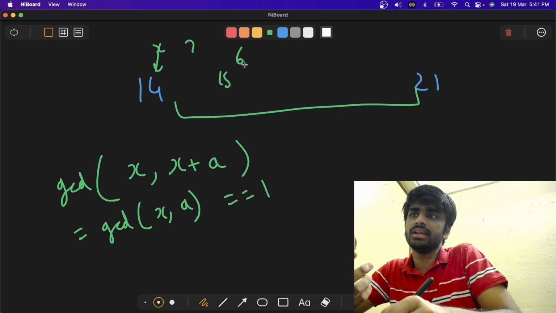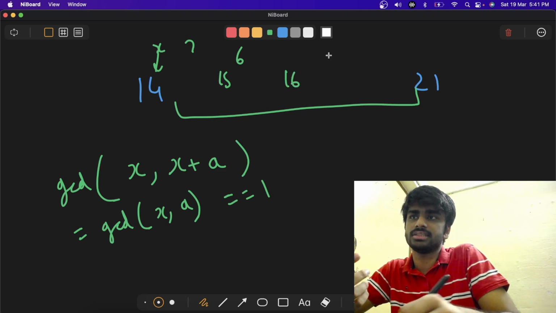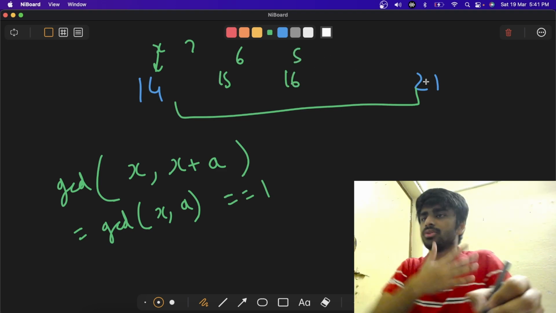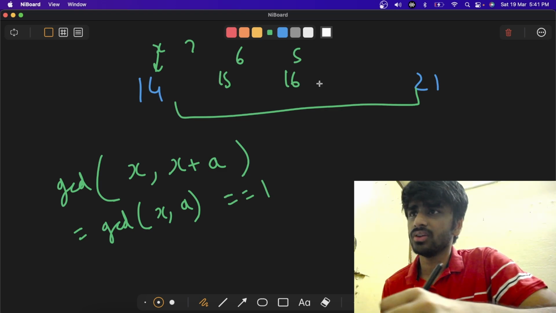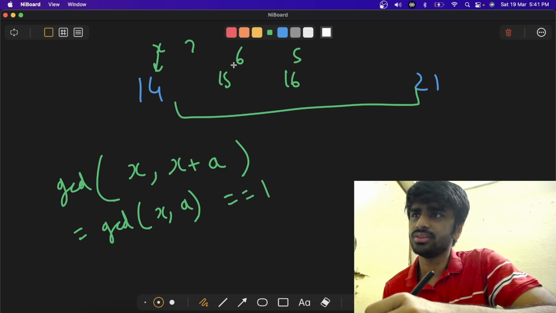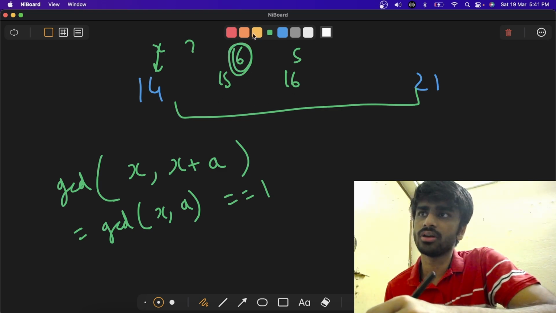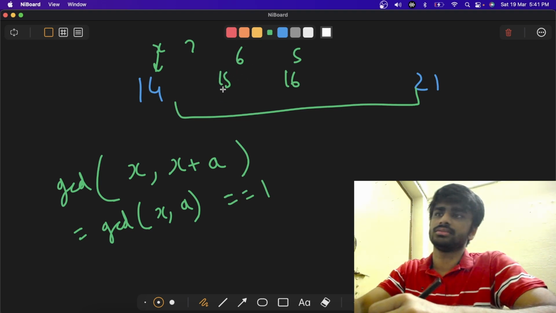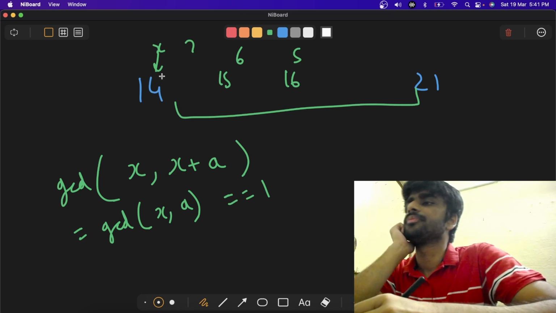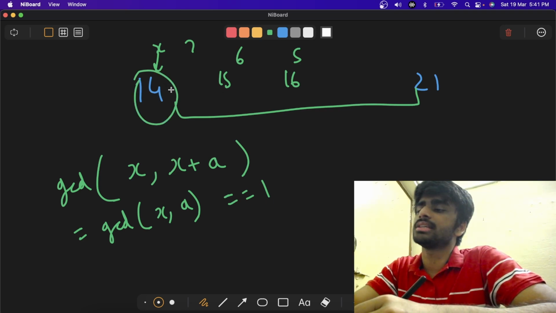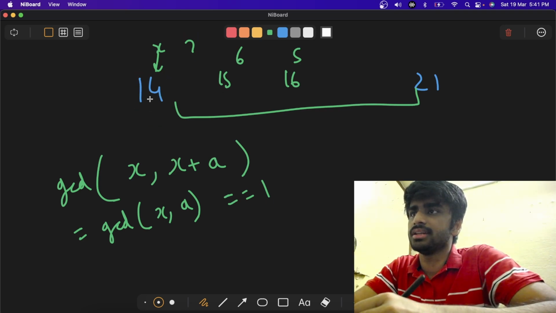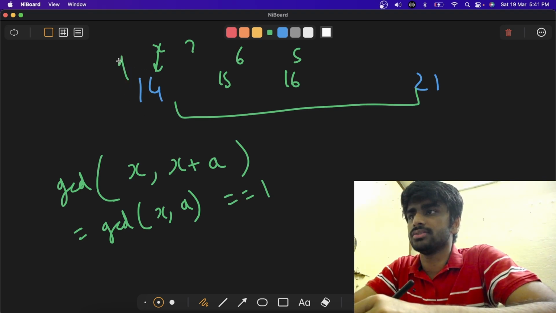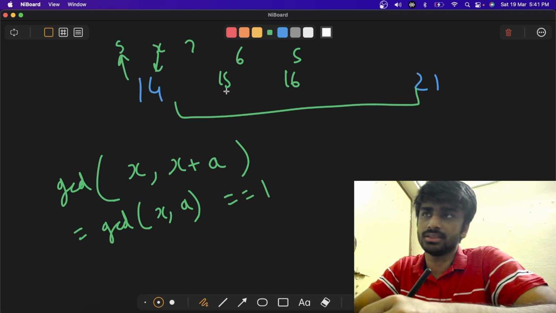If we pick 15, a can be up to 6. If we pick 16, a can be up to 5 and so on. So then I guess what we want is the maximum number that is smaller than this and is coprime with this number. If we find the maximum number that is at most 7 and coprime with 14, that turns out to be 5, and 5 is the answer.